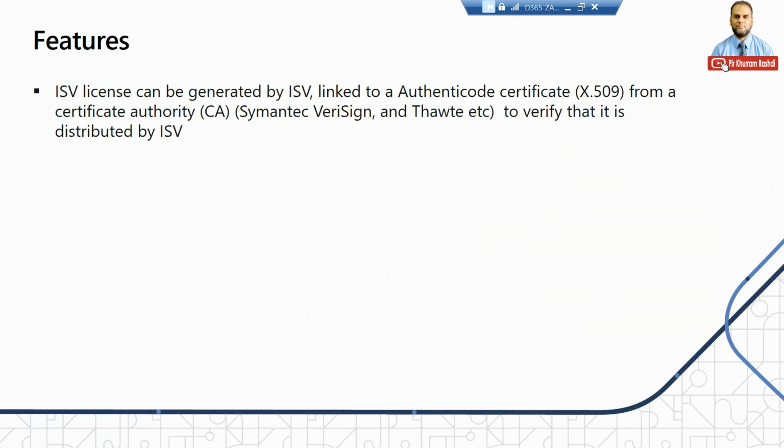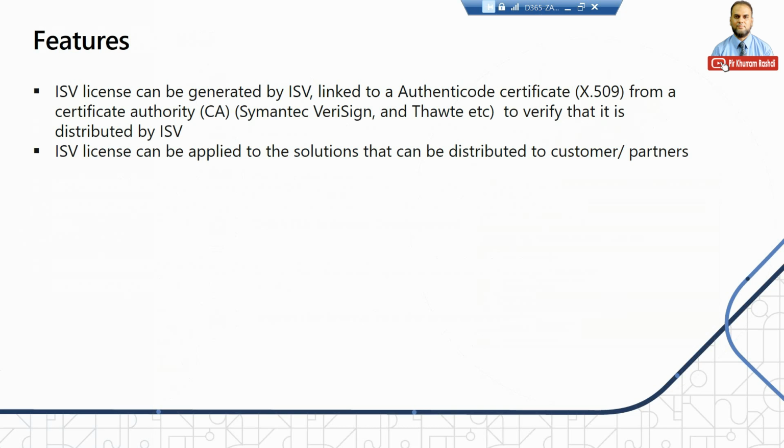So what are the various features? Basically, an ISV license can be generated by the ISV, the independent software vendor, and it can be linked to an Authenticode certificate, which is X.509 standard, from a certificate authority. The famous ones are Symantec, VeriSign, and Thawte, etc. This is needed to verify that the solution is distributed by the specific ISV instead of hackers or any other organization.